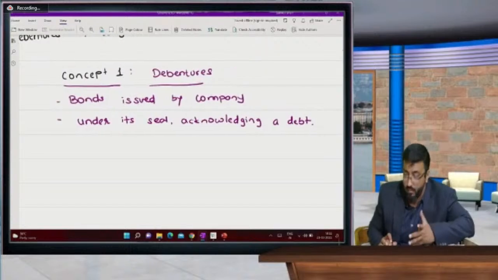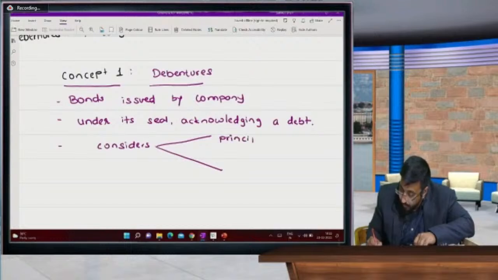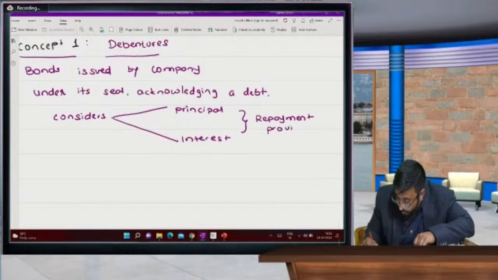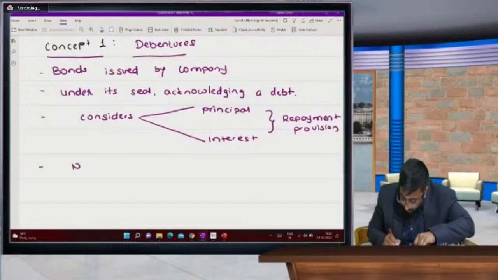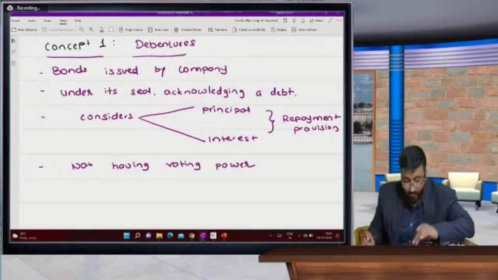So it's a loan and it considers principal, interest, repayment provision, and not having voting power.